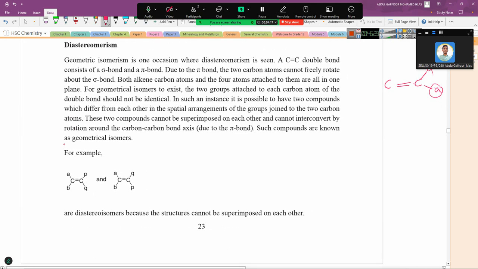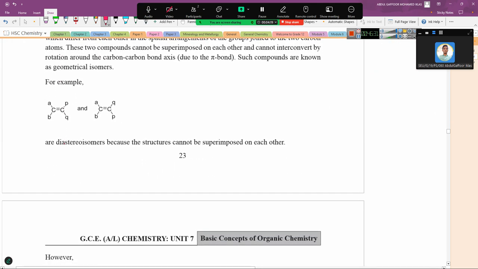If you look at this picture, this is going to be diastereomers, right? Because it has a carbon-carbon double bond, and this A, this B, this P, and this Q are different. Now here also A, B, P, Q are different.